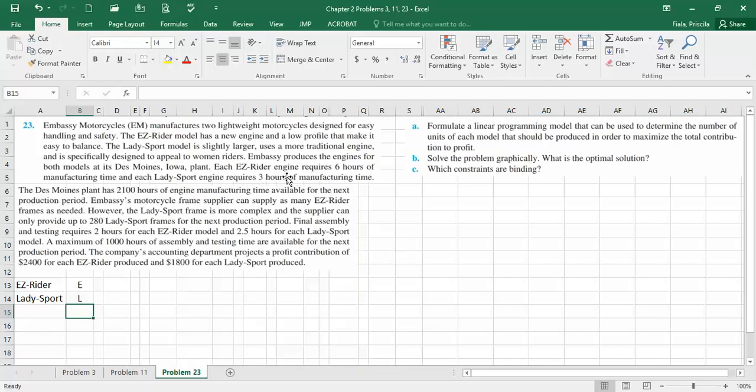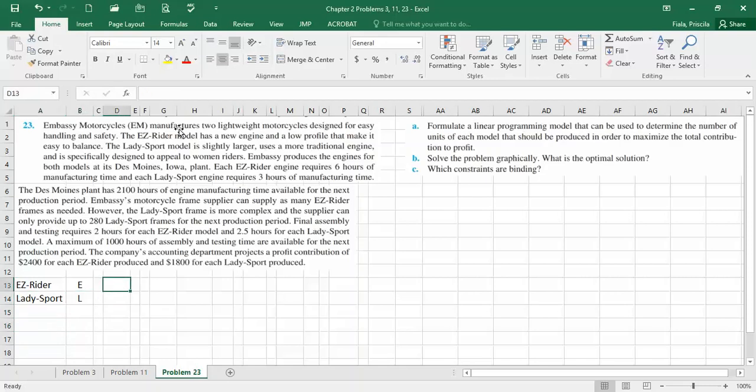So it's telling you right here that, in hours, to produce this engine it takes 6 hours of manufacturing. To produce this engine, it takes 3 hours of manufacturing. But the total hours they have is 2,100 hours. So right here, you have your first constraint. Let's try to put that in a formula right here, or maybe over here.